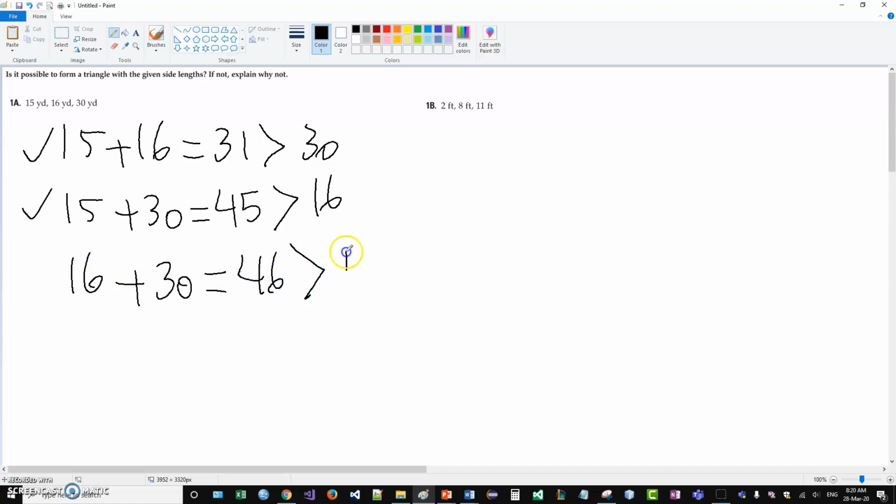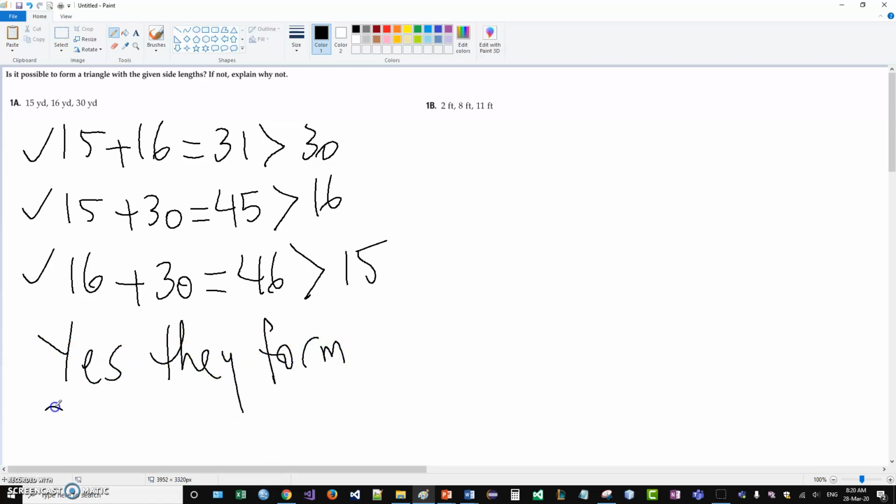Is that greater than the third side, which is 15? Yes. So, yes, they form a triangle. As you can see, if you pick any two sides, their sum is greater than the third side. Pause the video and try to do this yourself.